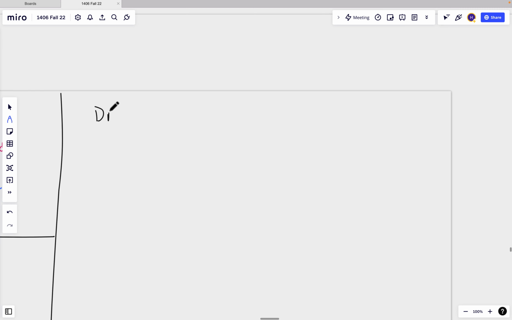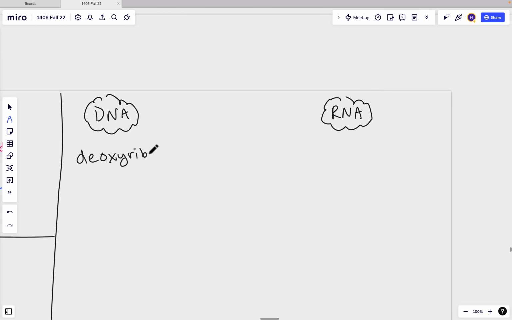And then we have our 2 types of nucleic acids, DNA and RNA. We'll compare them side by side. Let's look at the names. So DNA is deoxyribonucleic acid, and RNA is ribonucleic acid.